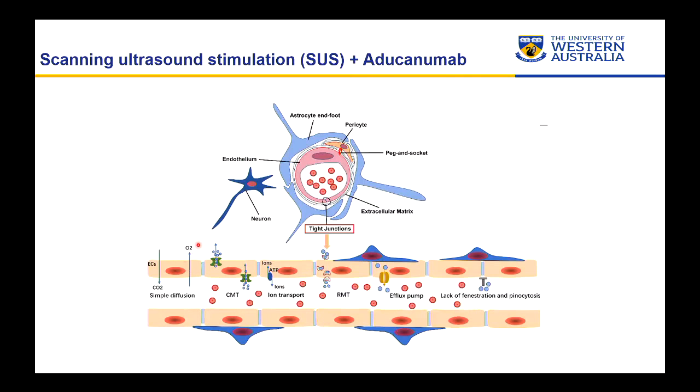You can open little pores, and then drugs or agents can move into the brain unimpeded. They don't need receptor-mediated or carrier-mediated transport, because you create a little hole in the blood-brain barrier. Then after a few minutes, or when you stop the stimulation, the blood-brain barrier reorganizes itself again. So you can selectively open it for short periods of time.